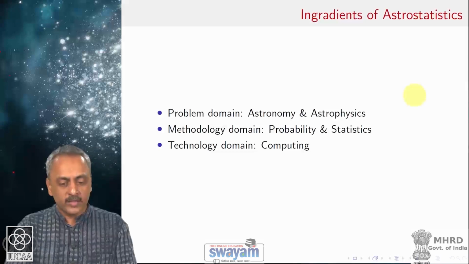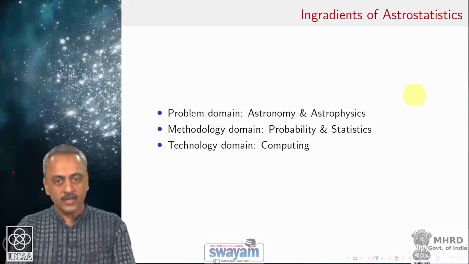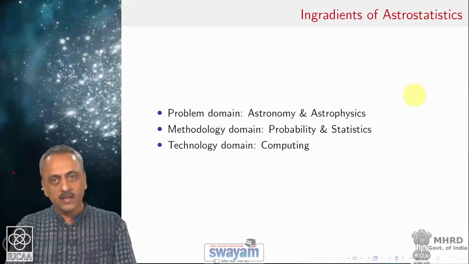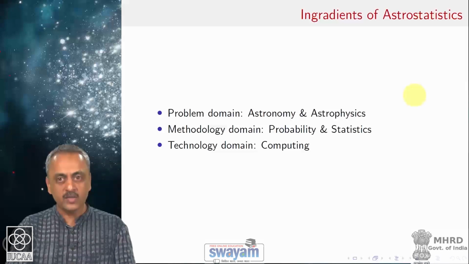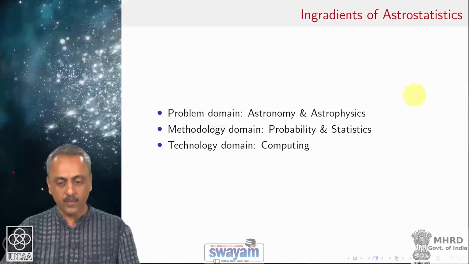So, the methodological domain is statistical inference, because the data have got uncertainties in it, and essentially you need to reason out about the problem domain based on uncertain data. So, this is reasoning under uncertainty, if one can put it that way.